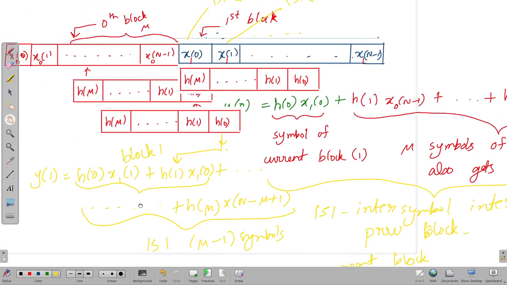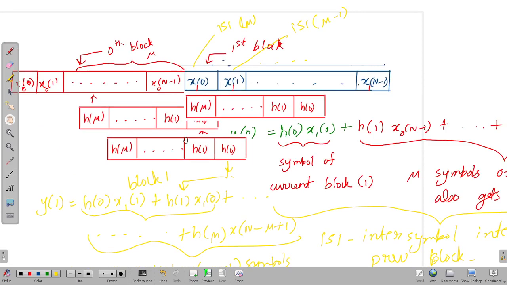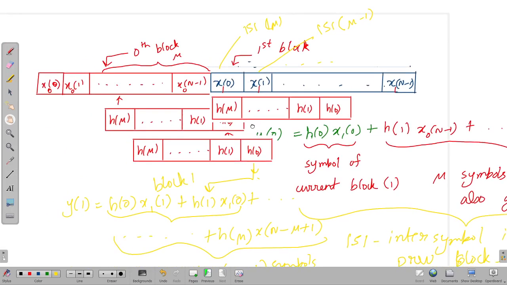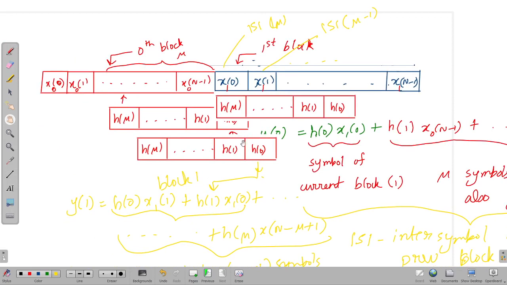So how can I avoid it? How can I overcome this disadvantage? We'll think of ideas. One of the very straightforward ideas that you can have is you leave mu number of symbols here.